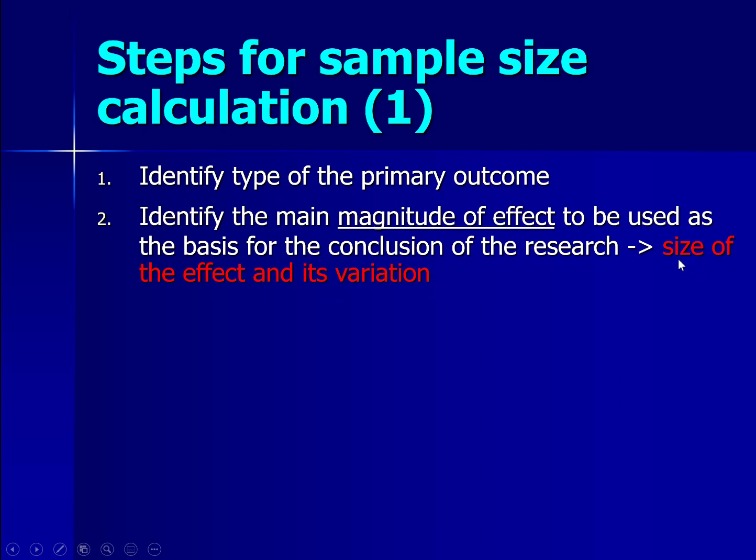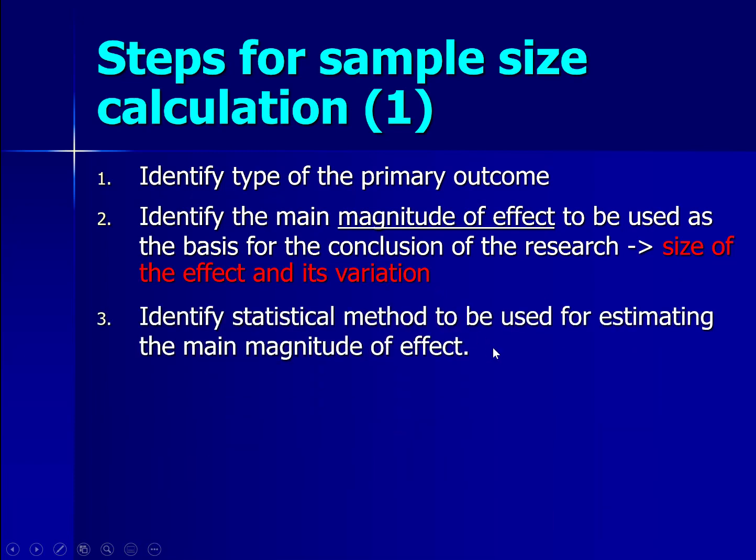So we will try to get the best evidence to be used for that calculation. Third, identify the statistical method to be used for estimating the main effect of this research, as I mentioned in the previous slide. Then calculate the initial sample size n based on that formula.